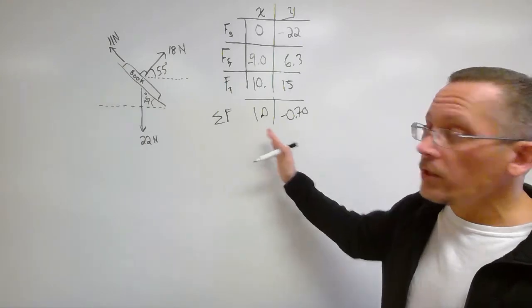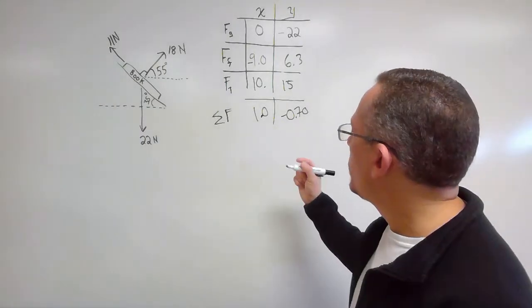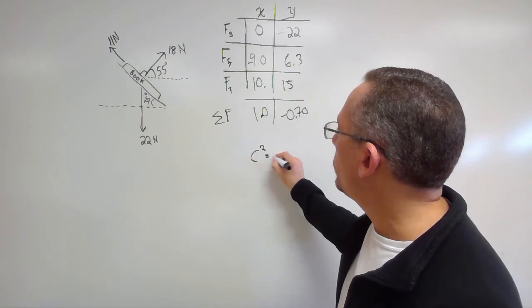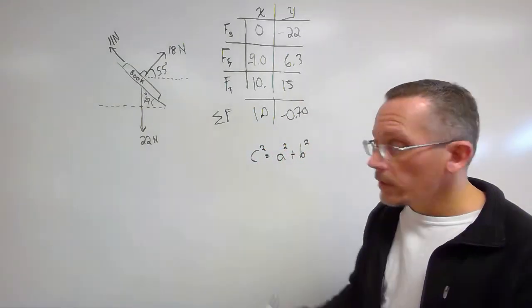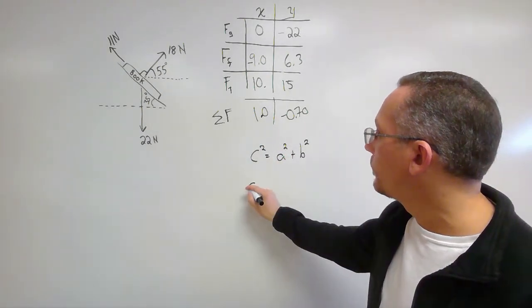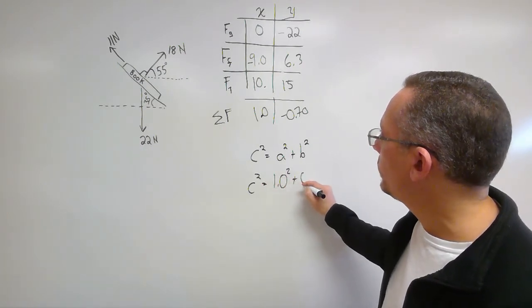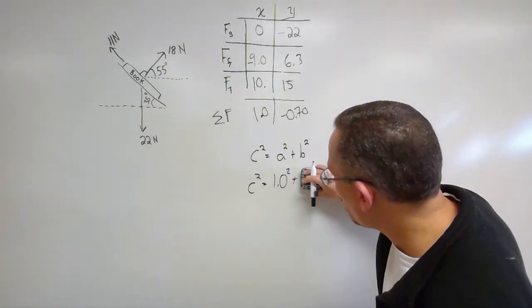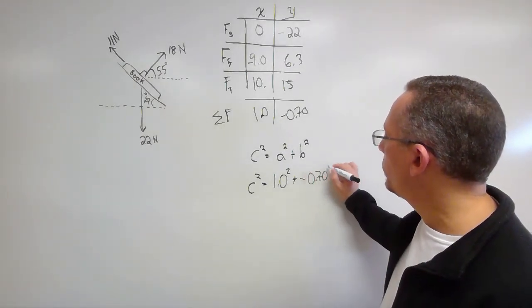So what we'll do is recombine them using the Pythagorean theorem, right? So c squared equals a squared plus b squared. We'll put those in there. These are a and b. So 1.0 squared plus negative 0.70 squared.